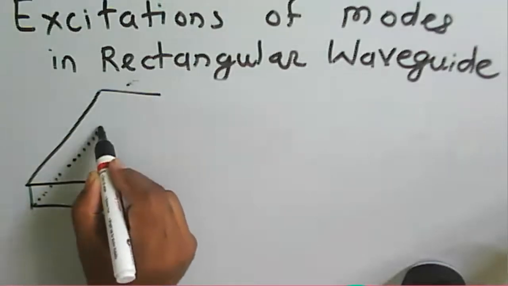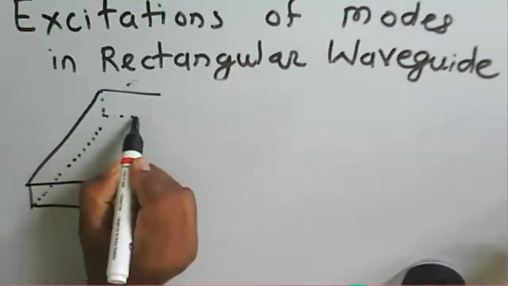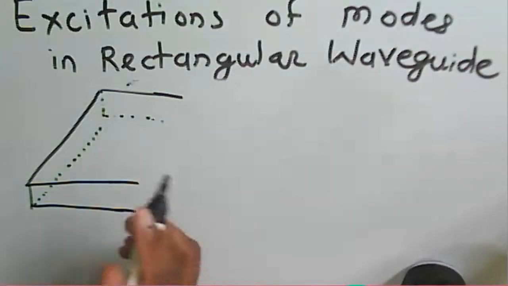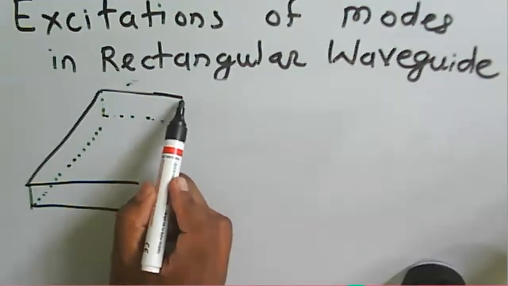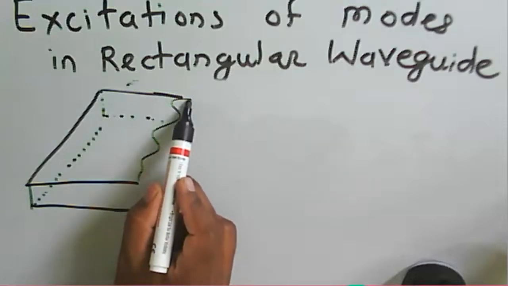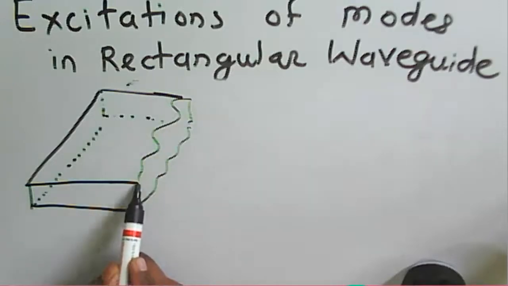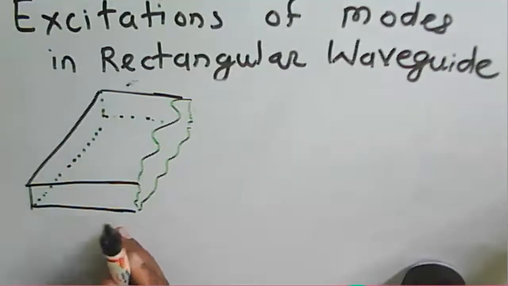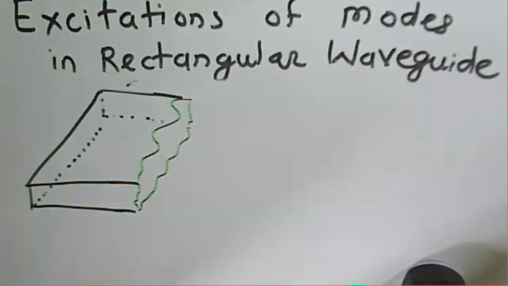So we consider here a rectangular waveguide. And for this rectangular waveguide, I'm going to draw a small cut section of a guide. This one is a rectangular waveguide. I just cut the guide here. Now, how are we exciting this particular rectangular waveguide?